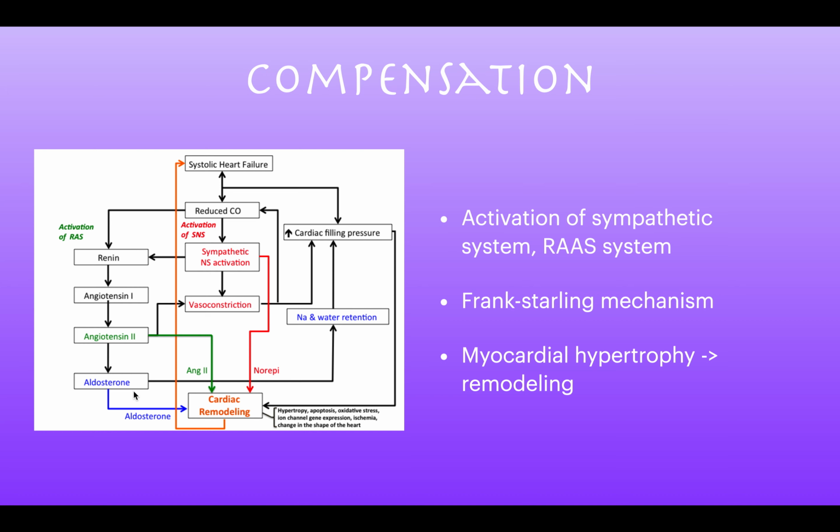There's venous constriction, and then increased venous return and increased cardiac output. But over time, the heart's not going to be able to maintain this constant high-pressure squeeze, so there's going to be hypertrophy. The muscle is going to get thickened and remodeling is going to occur.